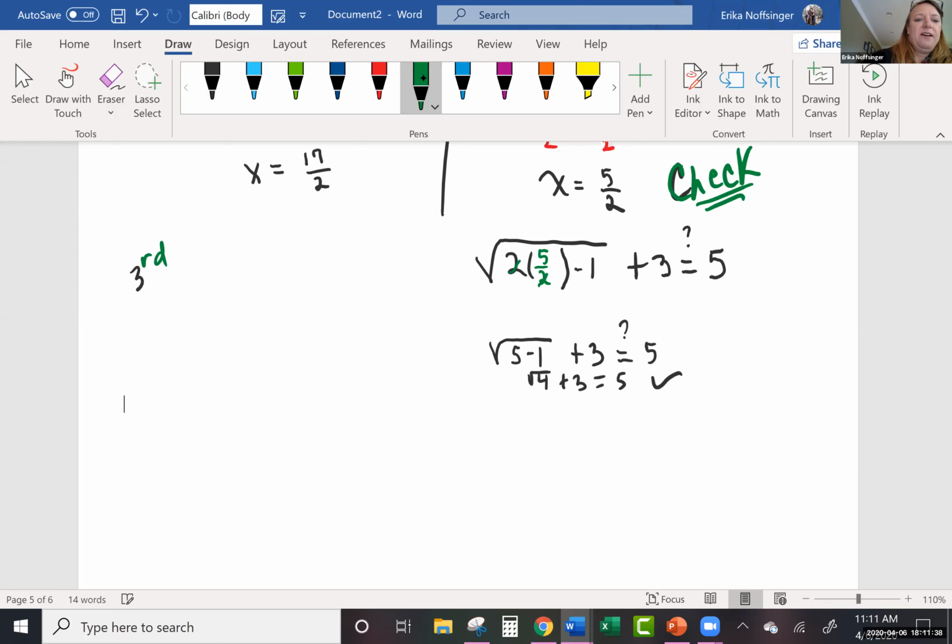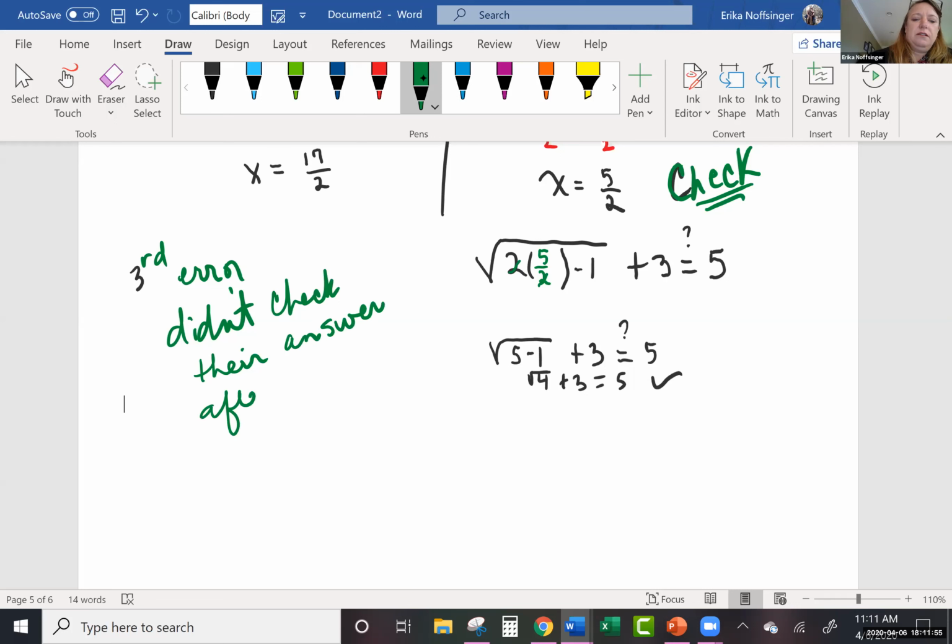So third error, didn't check their answer after they raise both sides of an equation by an even power.